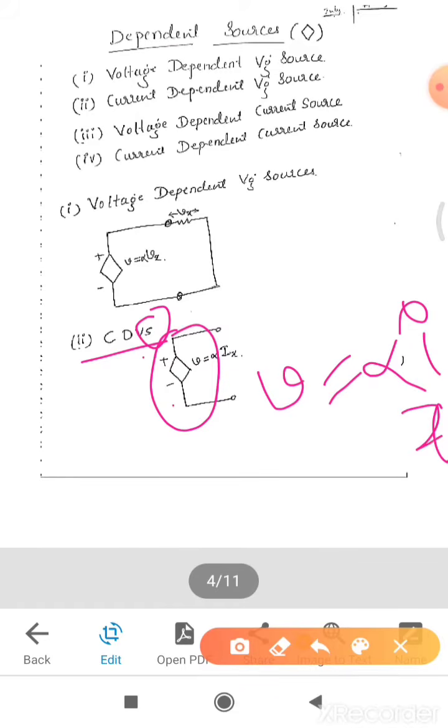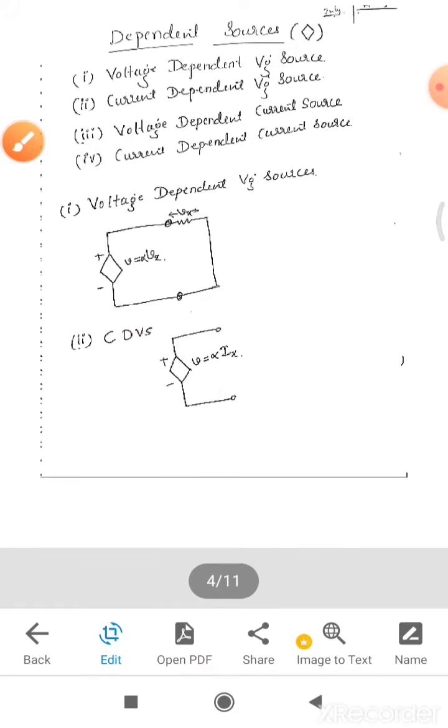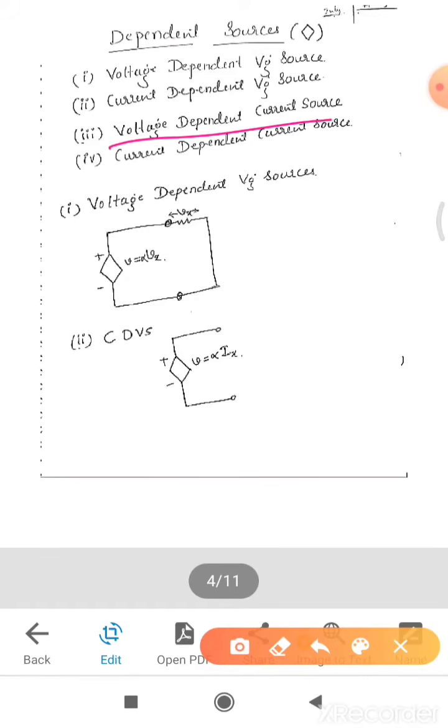Ix means this voltage is controlled by some current in the same circuit, obviously in a different branch. It is dependent on the current, therefore this source is called a current dependent voltage source. I hope you are getting it. Let's write about the other two.